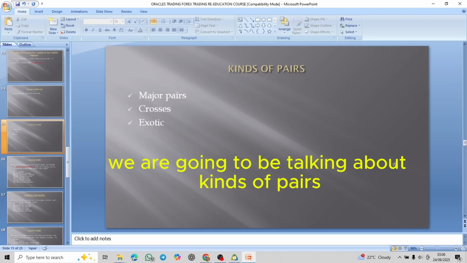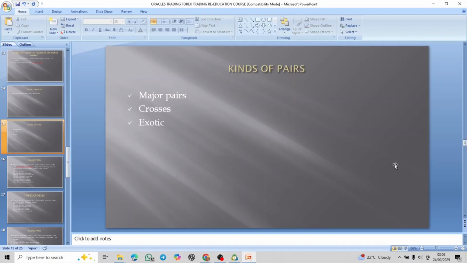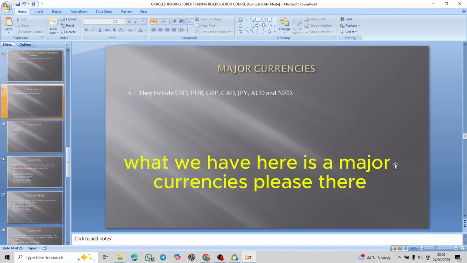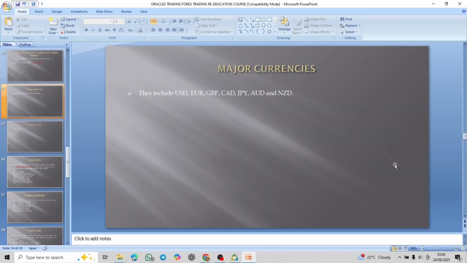And then we are going to be talking about kinds of pairs. We have major pairs, crosses, exotic. What we have here is major currencies, please. There is a difference between major currencies and major pairs.